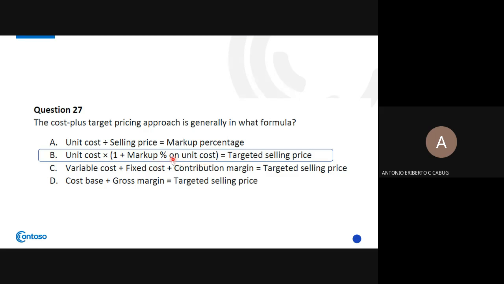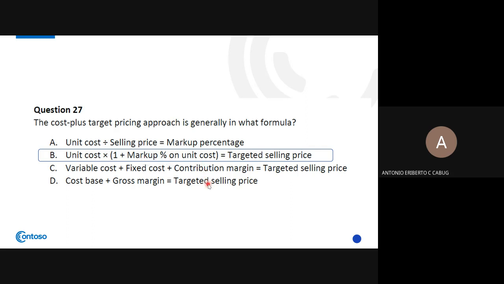It is usually expressed as a markup percentage of the unit cost. So you know what your cost is, and then set a percentage that should represent your profit, as a percentage of the cost. You call it the markup rate.